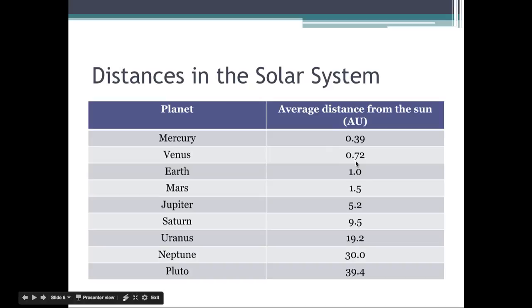Mars, Jupiter, Saturn, and the rest of the planets are all further away from the sun than the Earth is, so they have more than 1 AU of distance. Pluto, as you can see there, even though it's not a planet anymore, we consider it a dwarf planet, is about 40 astronomical units away from the sun. So it's pretty darn far away.